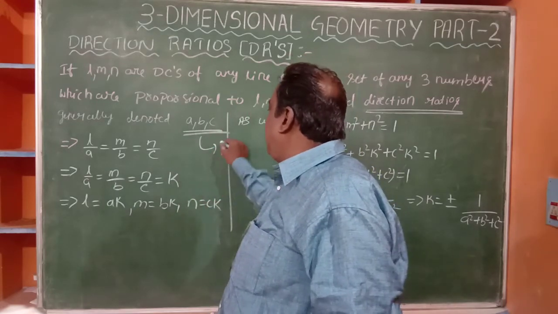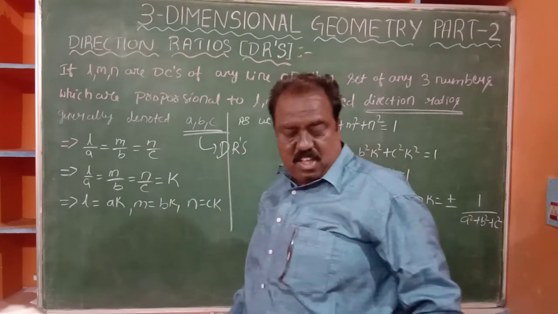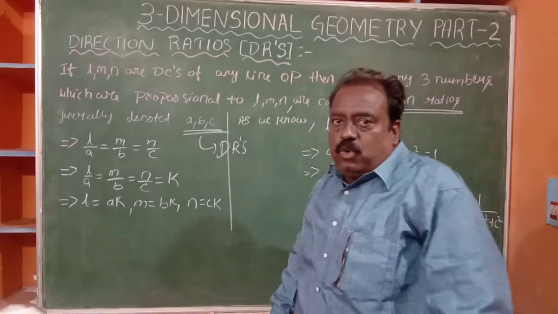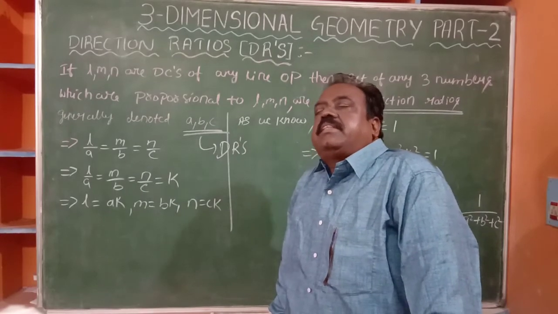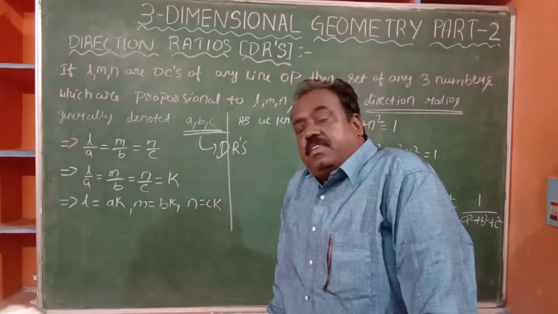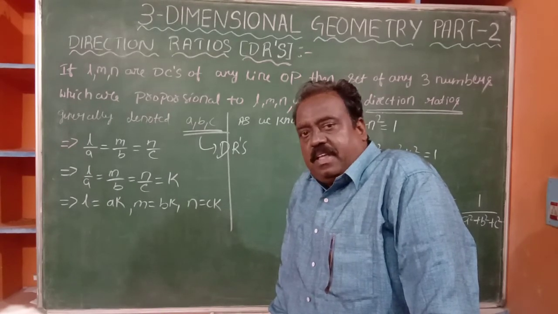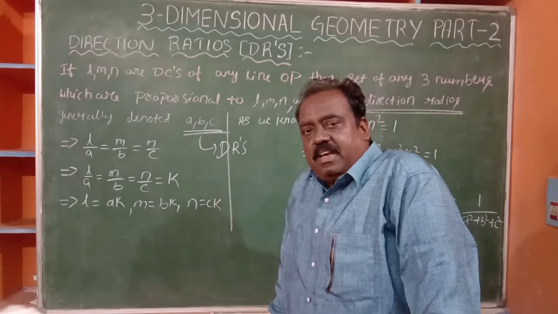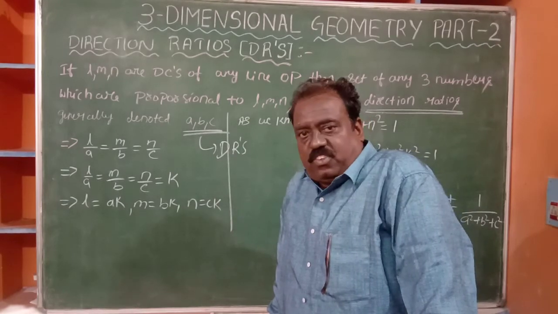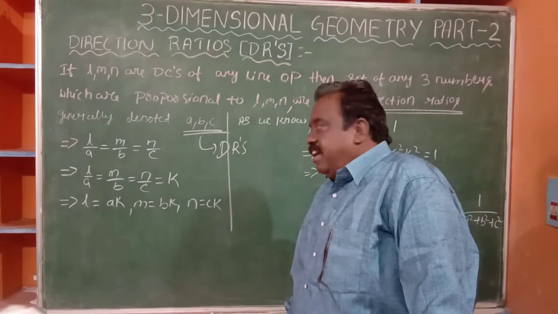So DRs means a set of three numbers which are proportional to cos alpha, cos beta, cos gamma, or otherwise L, M, N, the DCs.